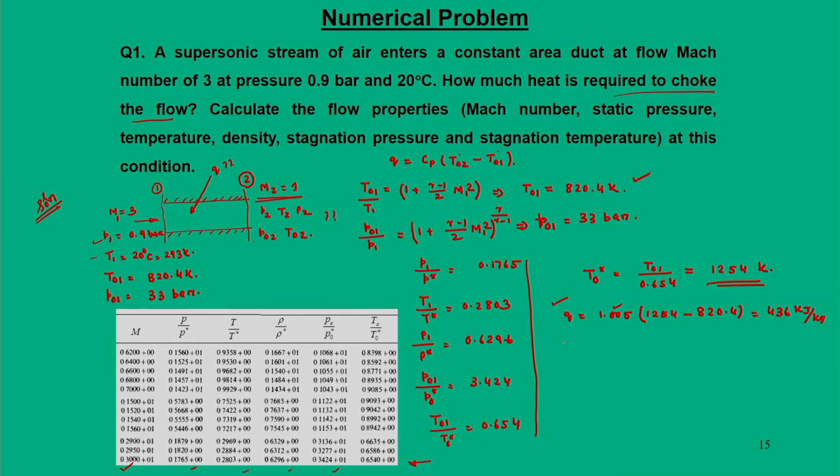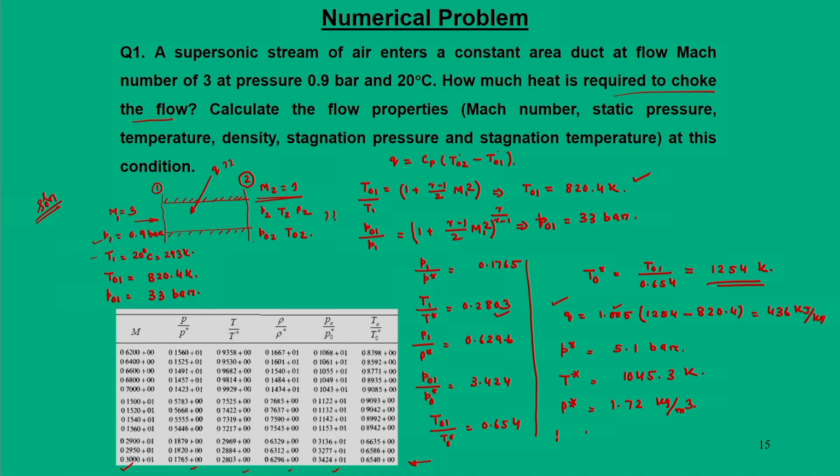So, from these ratios we can say P star as 5.1 bar, T star can be calculated from this expression, that is 104.3 Kelvin, then rho star is equal to 1.72 kg per meter cube.